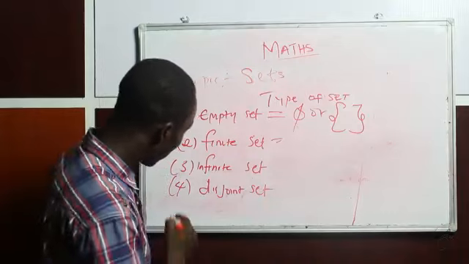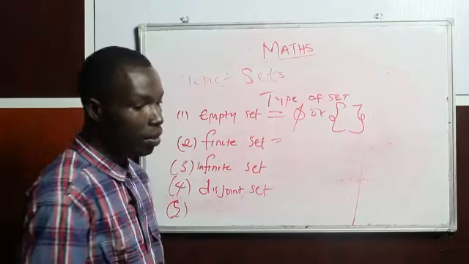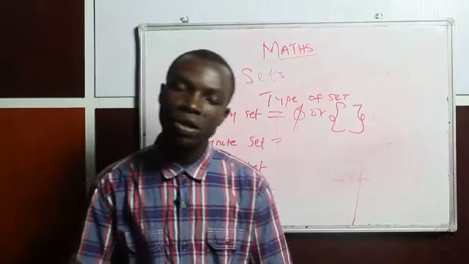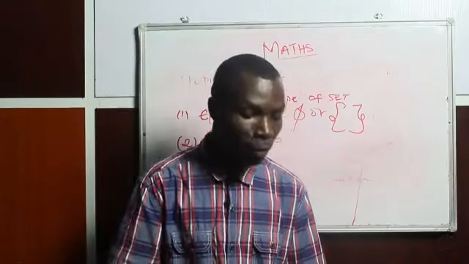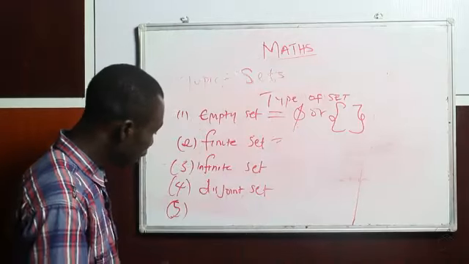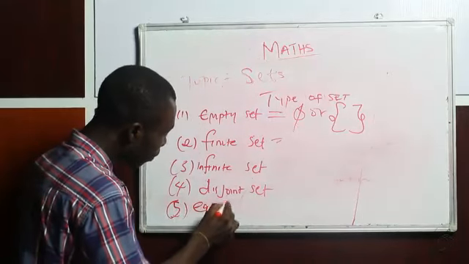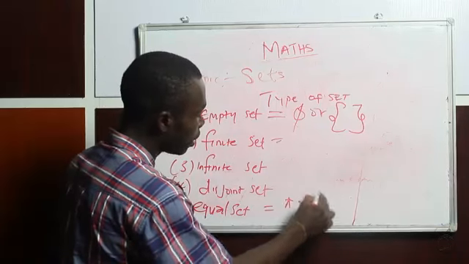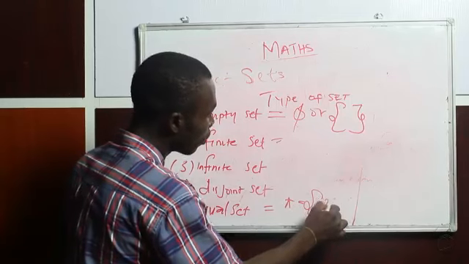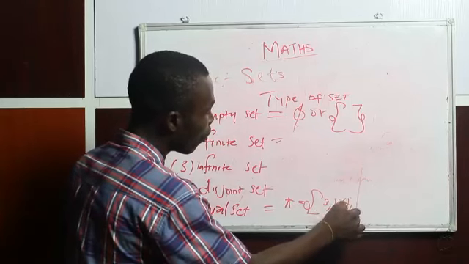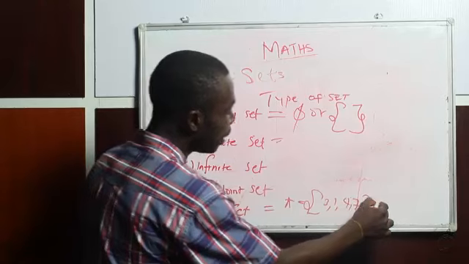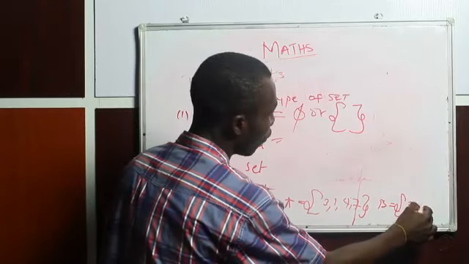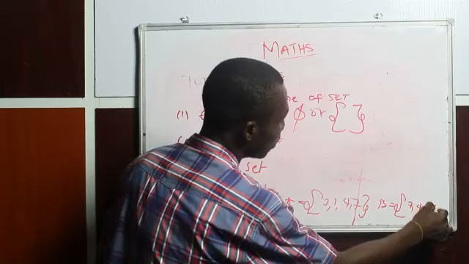Also, we have number 5, equal set. Equal set means sets whose elements are the same. For example, where you have A is equal to 3, 1, 4, 7, and B is equal to 7, 4, 1, and 3.